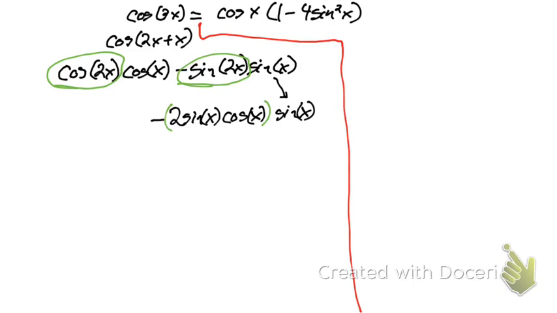So there's absolutely no cosine x's squared. So that means I don't want to pick a cosine 2x that has a cosine squared in it. The one that doesn't have a cosine squared in it is rewriting it as 1 minus 2 sine squared x.